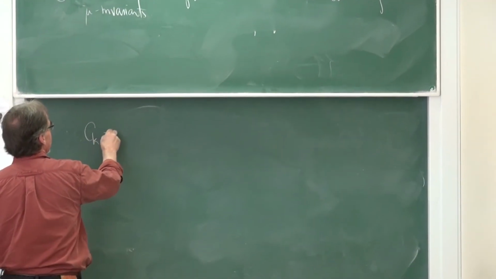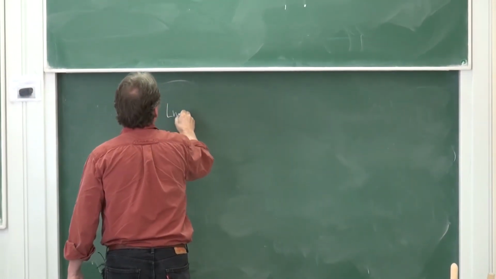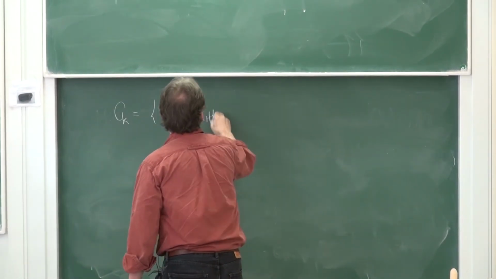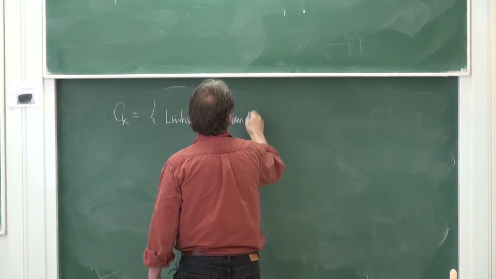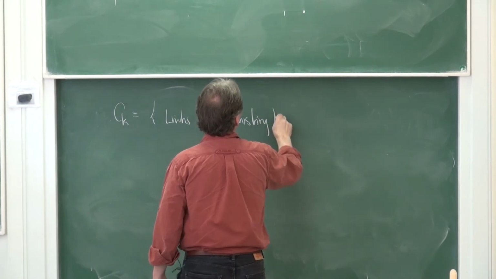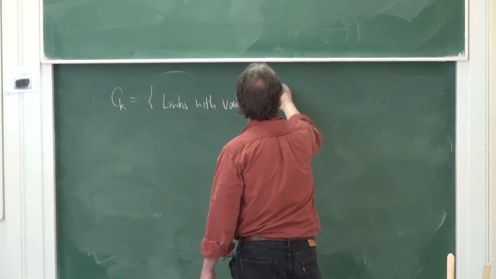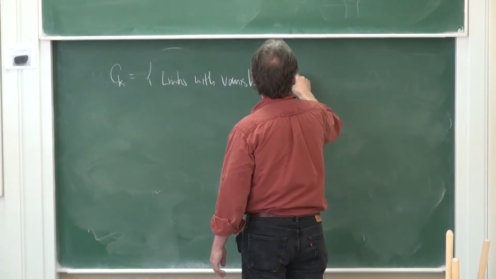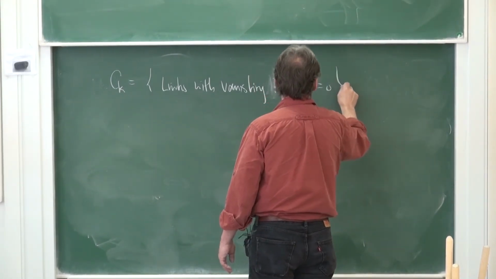Let C_k equal links with vanishing Milnor invariants. Vanishing mu bar of length less than or equal to k is 0.